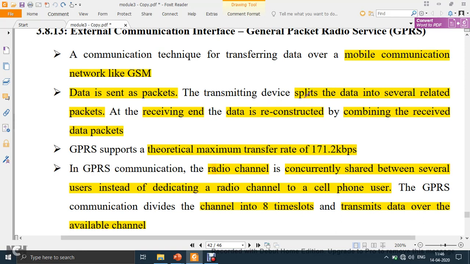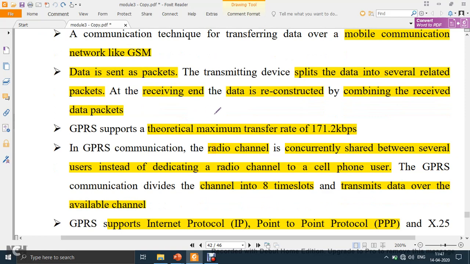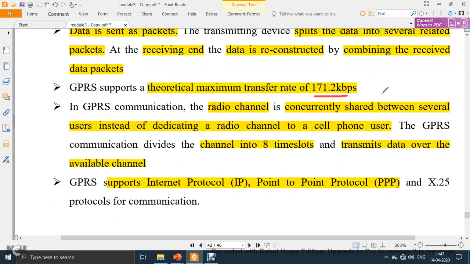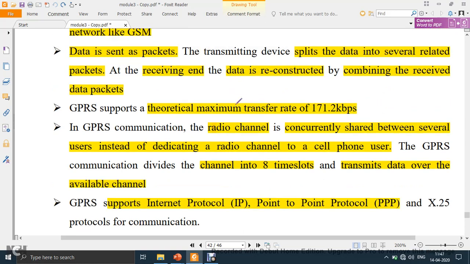The entire data will be split into several related packets and sent individually, and once they are received at the receiving end, the data is reconstructed by combining the received packets. The packets can be received in any order, but they have to be recombined properly to get the message. The maximum speed is 171.2 Kbps. You can see this is nothing but 2G.